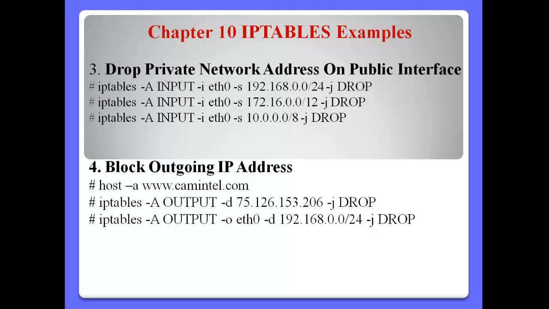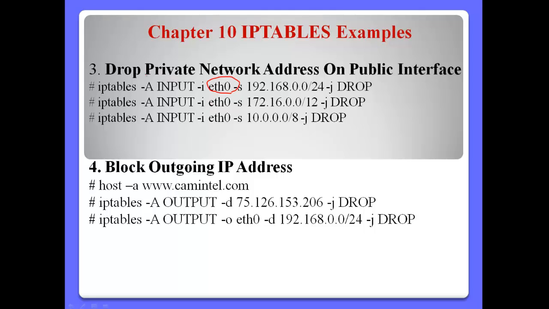Number 3, drop private network addresses on the public interface. In my case, for the testing machine, I have two network interfaces. ETH0 can be a kind of public interface to connect to the internet, but ETH1 is the internal network.